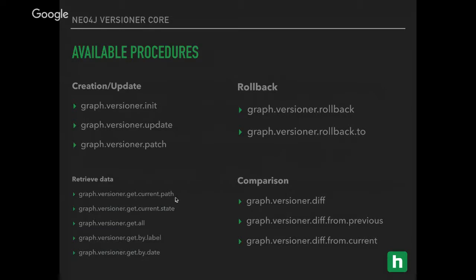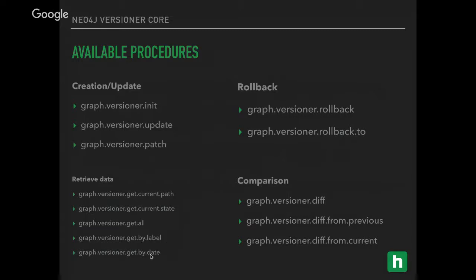Of course, we have a few procedures if you want to retrieve some data, and we will see them in some minutes. We can retrieve a current path, which will return a full path with all the states of a specific entity. The current state will return just the state, all the nodes, retrieved by label, and we will see how this one can be useful.